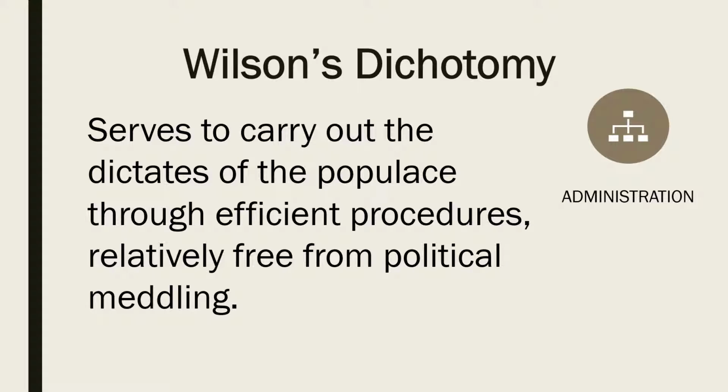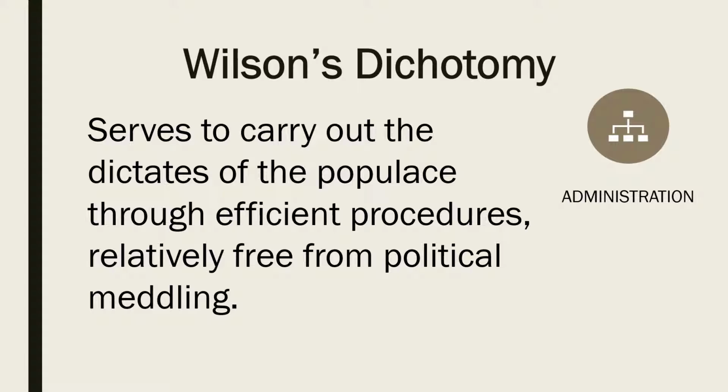On the administration side of Wilson's dichotomy, Wilson explains that this is the side which serves to carry out the dictates of the populace or the community. The administration should make these attempts using the most efficient procedures and without worrying about the political aspects.